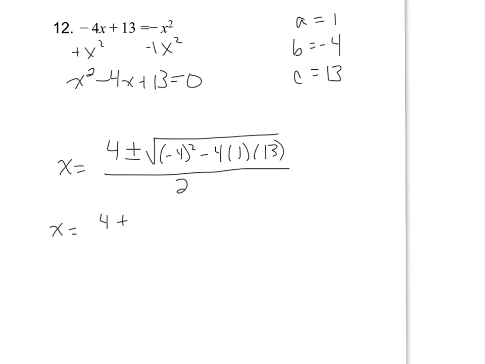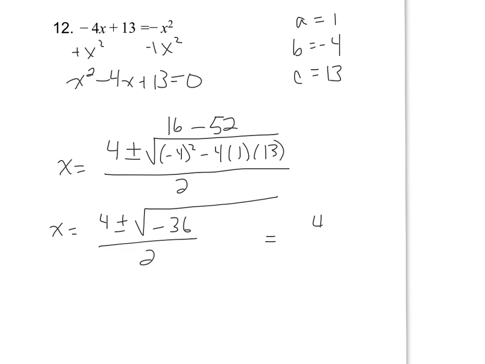So this is 4 plus or minus, so my discriminant, again, you can put this in the calculator. 4 squared is 16. This is negative 4 times 13, which is negative 52. So then we'll just take 16 minus 52, and that gives us negative 36 over 2.